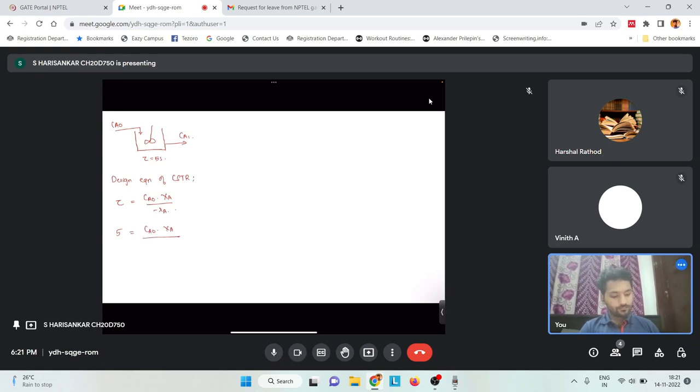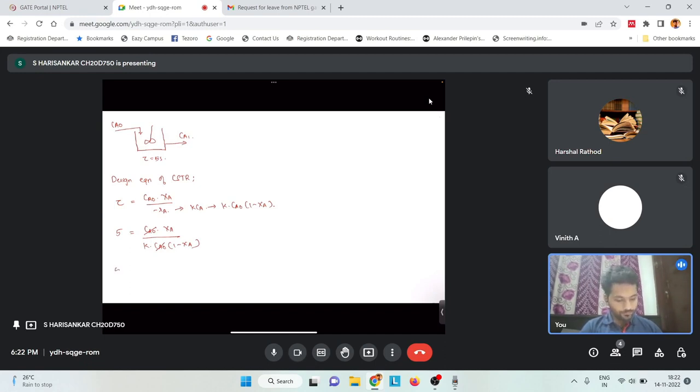This minus Ra is K Ca because this is a first order reaction, and this K Ca can be written as K into Ca0 into 1 minus Xa. So the Ca0 and Ca0 will get cancelled, and it is given that K is 0.2.